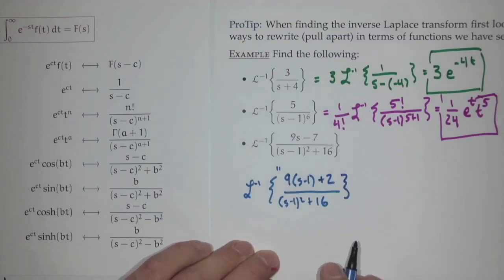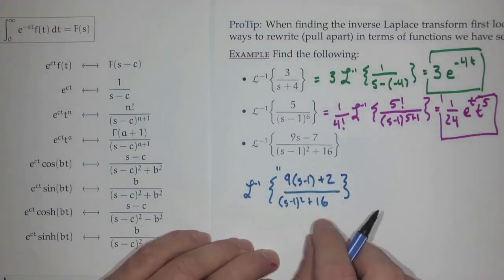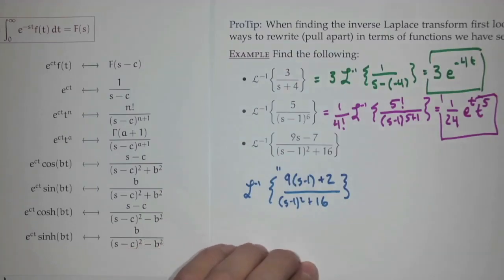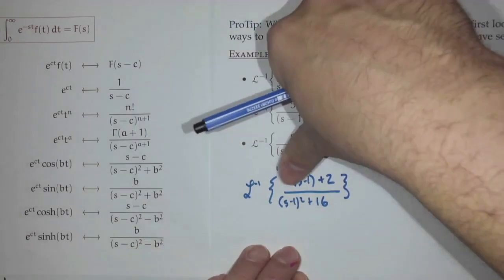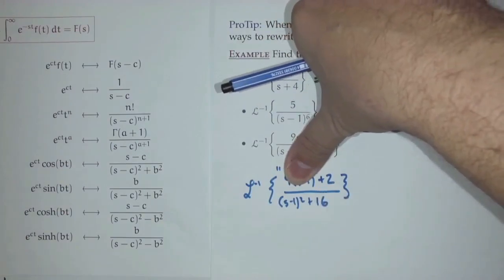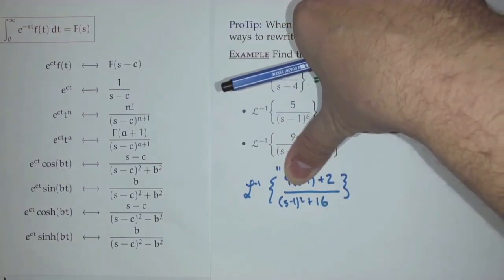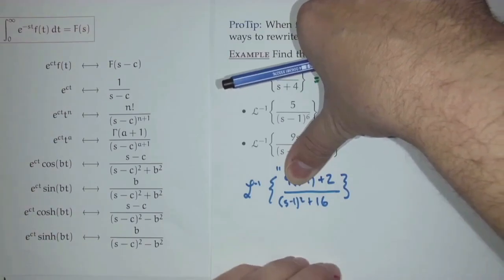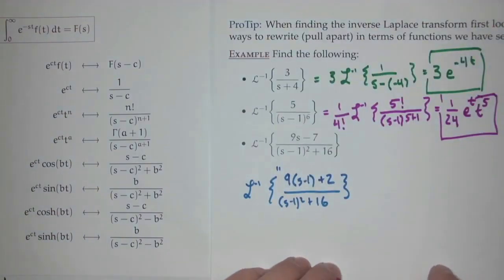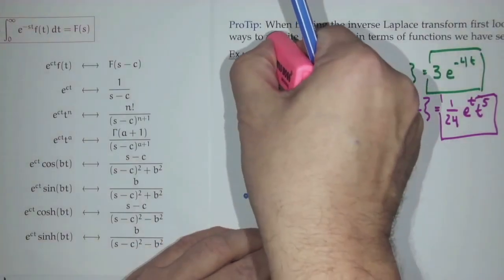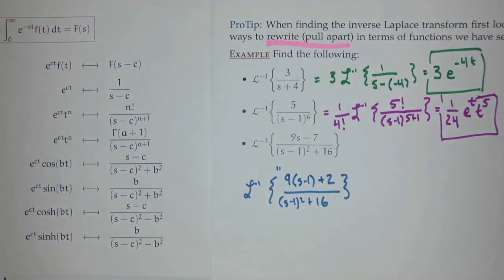And now we're like, it's not quite cosine. Now, if we didn't have the s minus 1, if we just had the 2, what would we see? Looks a lot like the sine. So what can we do? Yeah, we can separate, pull it apart. See this word up here? Rewrite. That's a lot of the key, is learning to rewrite the expression to something which is easier for us to work with.